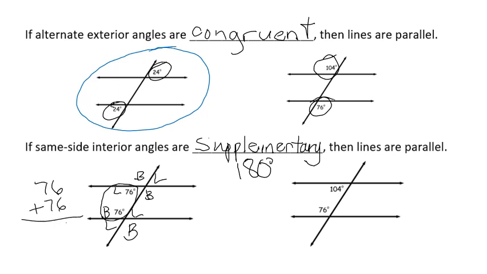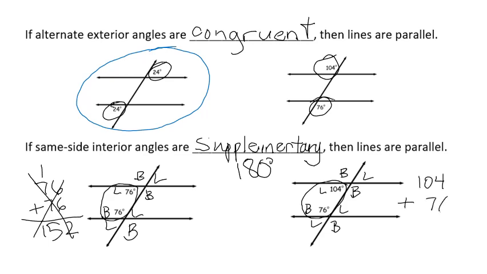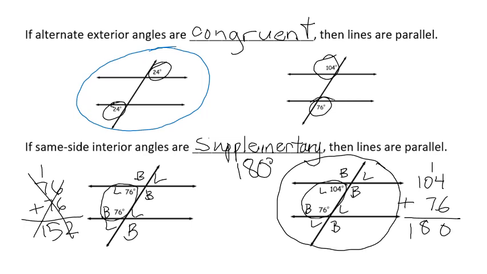They would have to add up to 180, and they don't. Whereas with this one, BB, LL, BB, LL, these B and L's add up to 180 because 104 plus 76 is 180. So this is the one that you want.